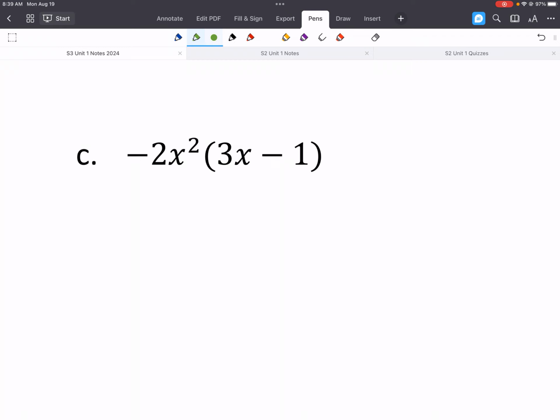I think we can just distribute like you would normally think about distributing, multiplying what's in front. But if you wanted to, you could do a 1 by 2 box and do the same thing that we just did. Okay? So here we'd get negative 6x to the third, and then we can distribute that negative 2x squared to the negative 1, giving us a positive 2x squared.